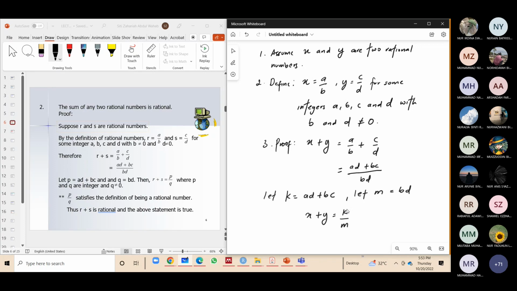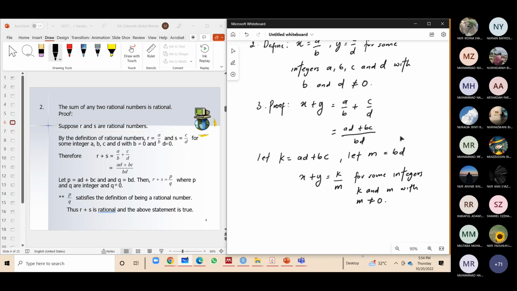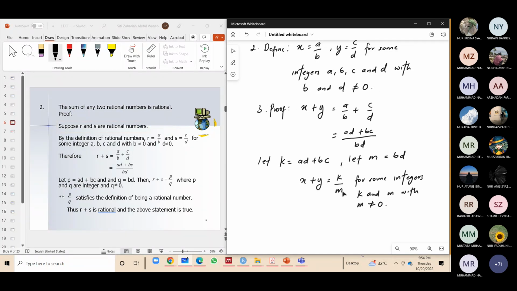So k over M is a fraction number. Then here you can say for some integers k and m with m not equal to 0. Again m, the denominator, cannot be 0.